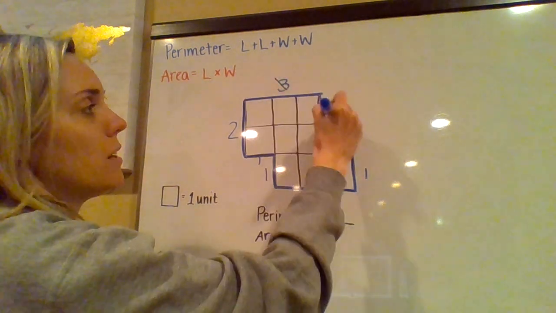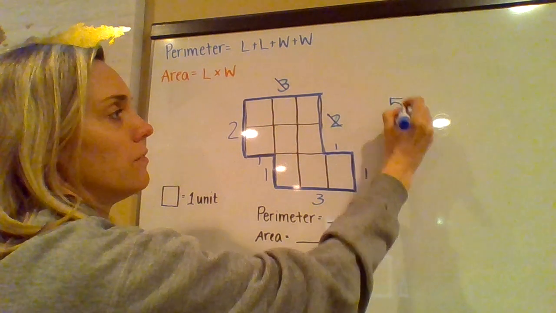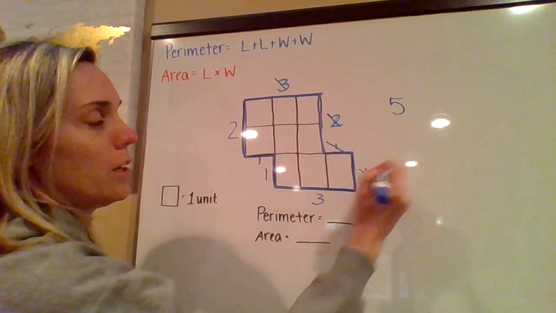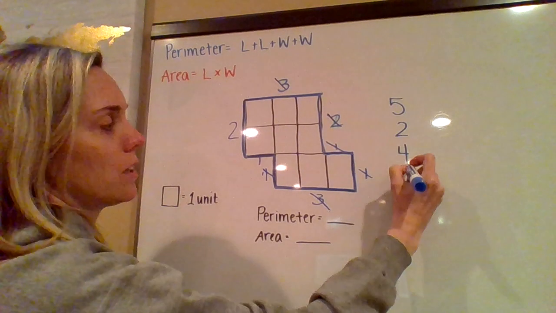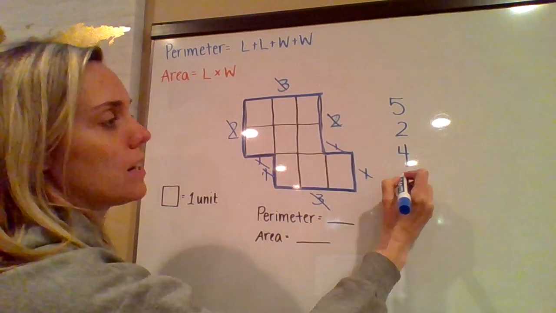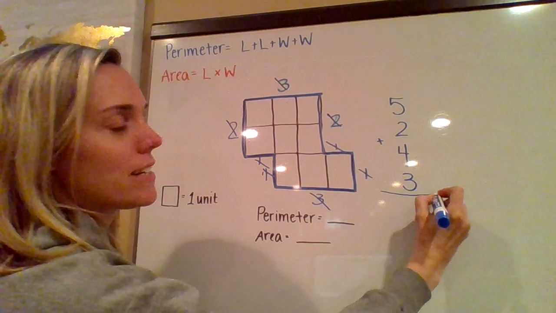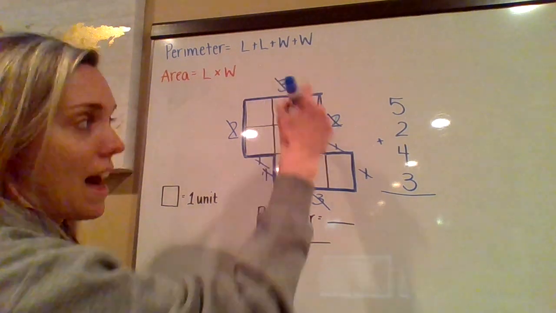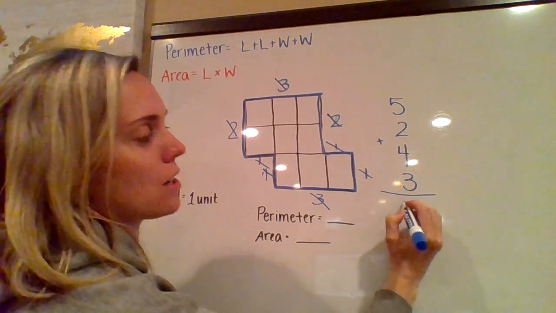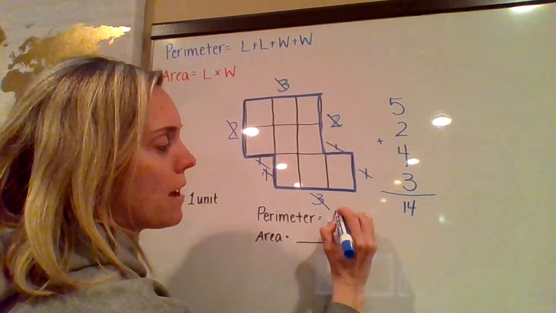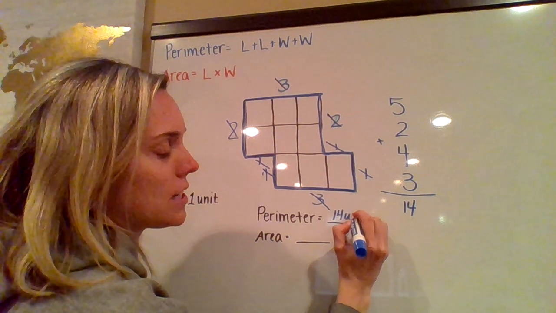Now I know 3 plus 2 is 5, plus another 1 is 2, plus 3 plus 1 is 4, and 2 plus 1 is 3. That's kind of how I decided to split it up to add it. You could have added each one, whatever you want. 5 plus 2 is 7, plus 4 is 11, plus 3 is 14. So my perimeter is 14 units.